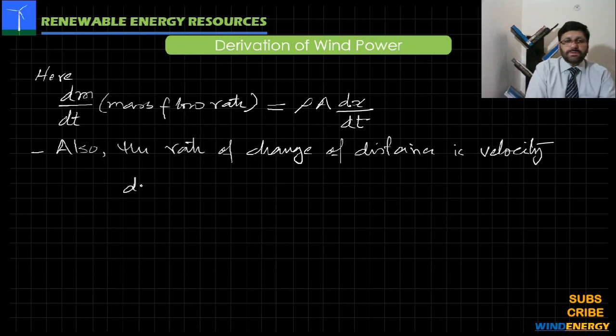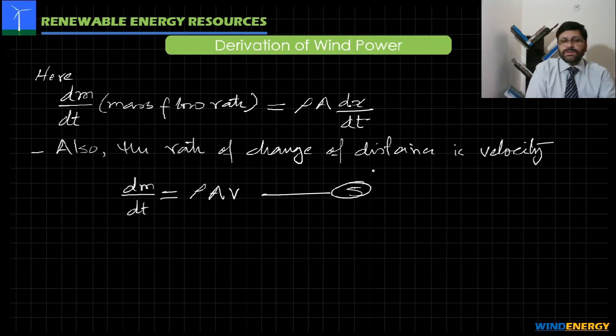So dm over dt is equal to rho a v, or let's say this is our equation 5.